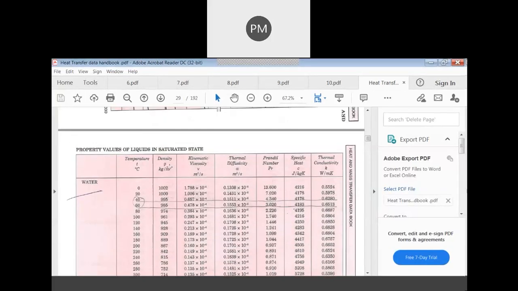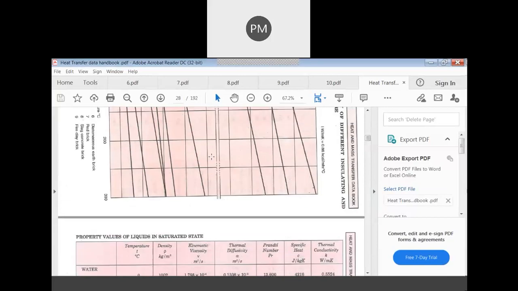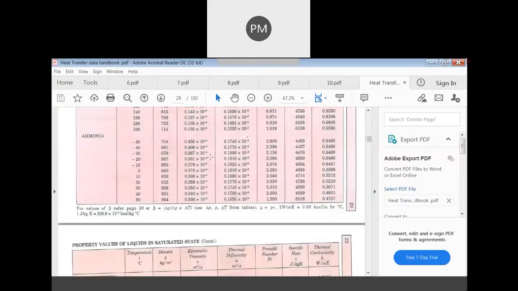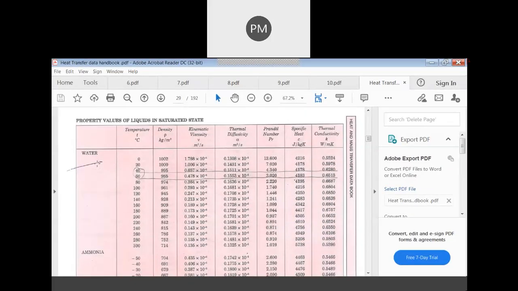Property values of liquid in saturated state are on page number 21. For water, temperature, density, kinematic viscosity, thermal diffusivity, Prandtl number, specific heat and thermal conductivity are given. In our problem the temperature is 25 degrees, and we don't have the exact 25 degree properties here.